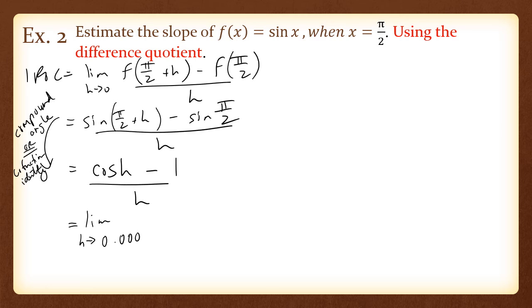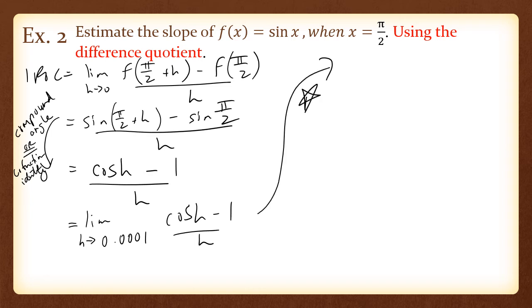0.0001. 3 zeros and a 1. That's pretty close. Of cos h minus 1 over h. This is very, very, very important. When you do this calculation, your calculator has to be in radian mode.